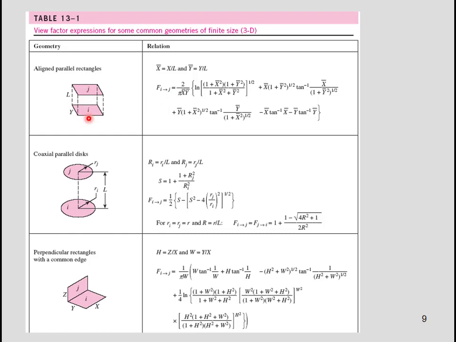So imagine surface i is the radiating surface. This view factor from surface i to j, or the fraction of the radiation which strikes surface j, can be calculated by this equation. As you can see here, it is only dependent on x, y, and L.